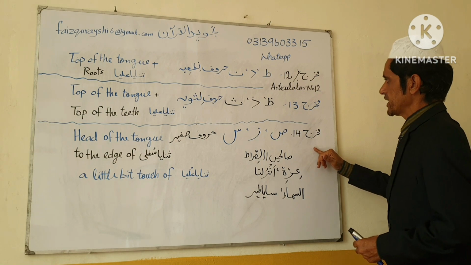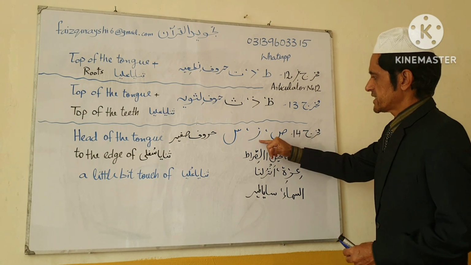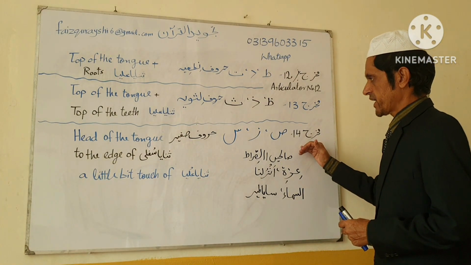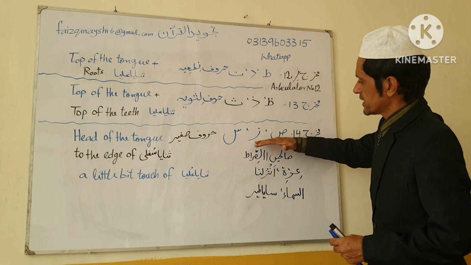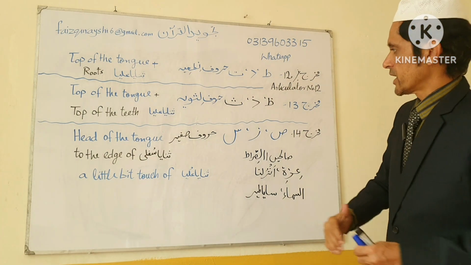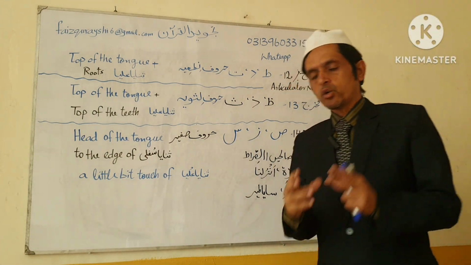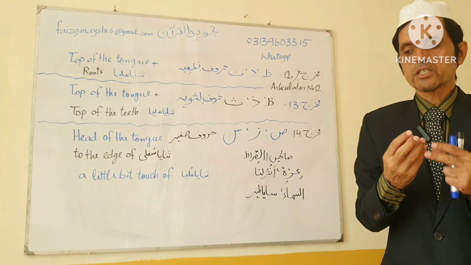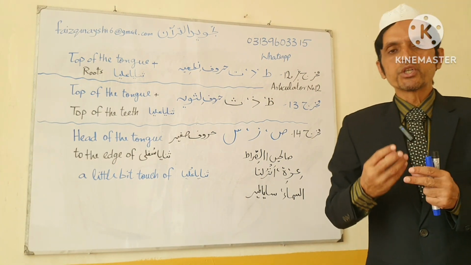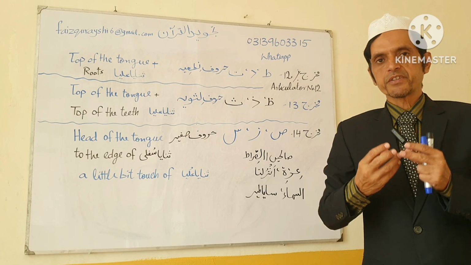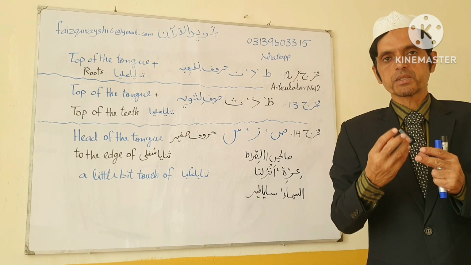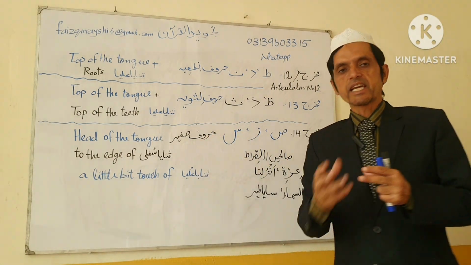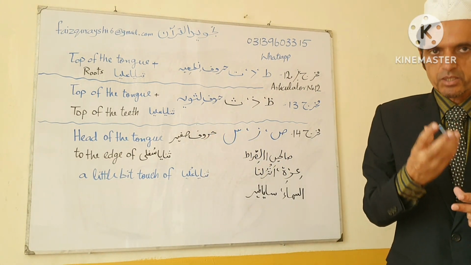Makharaj number 14: swad, za, sin. This is a very interesting makhraj, articulation point, and these letters are called hurufi safir. When you articulate these letters, it produces a sort of bird sound, and that sound is called in Arabic safir.